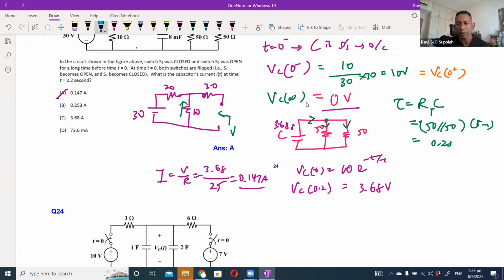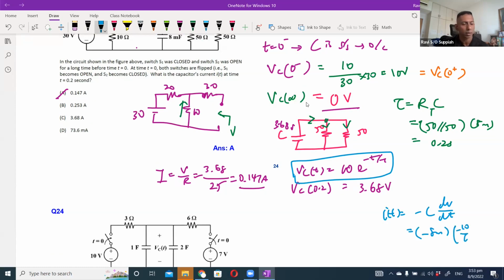The alternative is I can calculate the current I as minus C dV dt. Since we already know the expression for V, if I differentiate it, I'll get minus 8m times minus 10 over tau e to the minus t over tau.